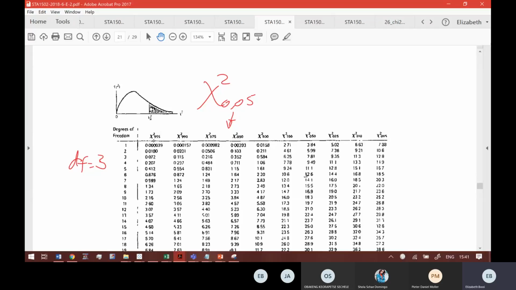So we go look for 0.05, then we go look for degrees of freedom 3, and where they meet, that is 7.81.